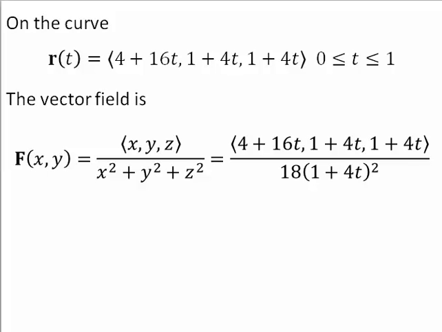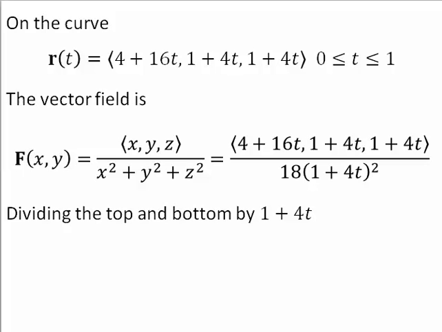We just put in what x is, put in what y is, and put in what z is. And notice that we can clean this up. I'm going to divide this force field, I'm going to divide the top and the bottom by 1 plus 4t. And when I do that, I get a simplified form for the force field.